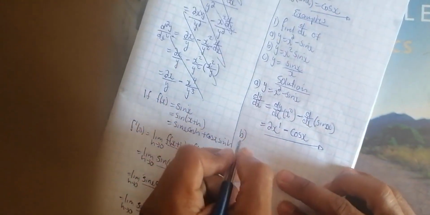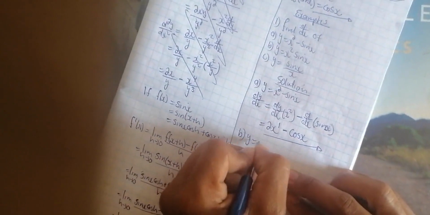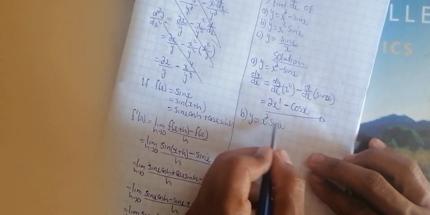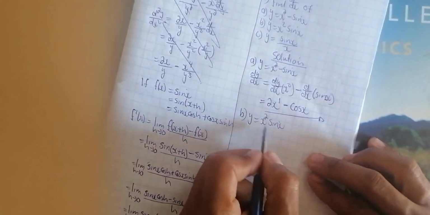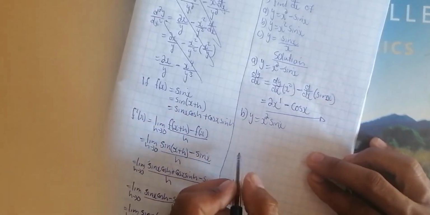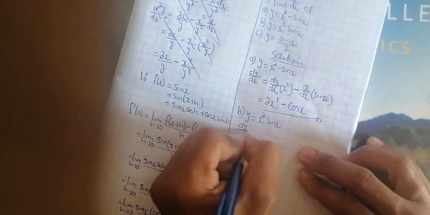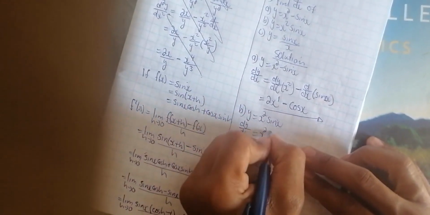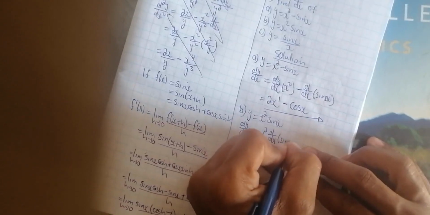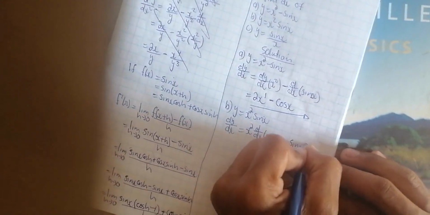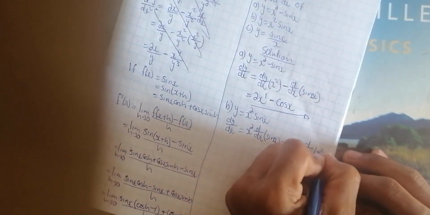Very important. Number B, we have y equals x squared sine x. Now we're having two functions again, but now here we need to be very careful. What is it that we are going to apply here? We are going to apply the product rule. So dy over dx will be equal to, we're going to hold x squared and we are going to differentiate sine x, plus, now we hold on sine x and we differentiate x squared.